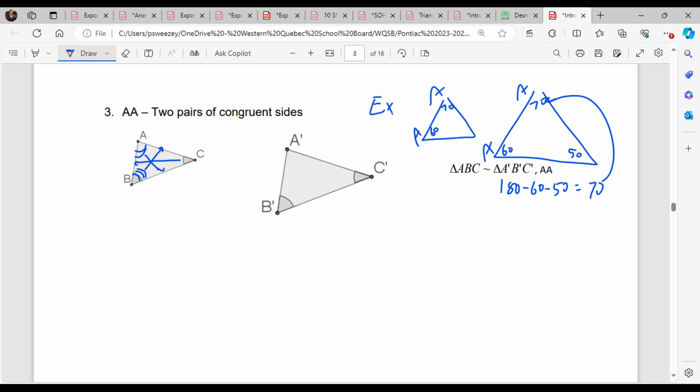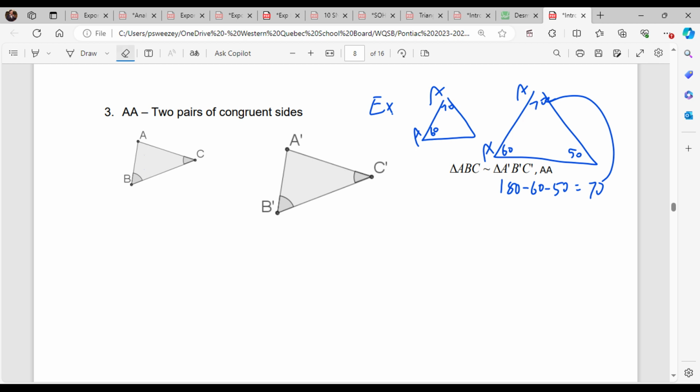All 3 sides are covered. So when I have 2, I have 3, meaning I know everything I need to know about the triangle. When you have two angles, you don't need the side, you just need the third.